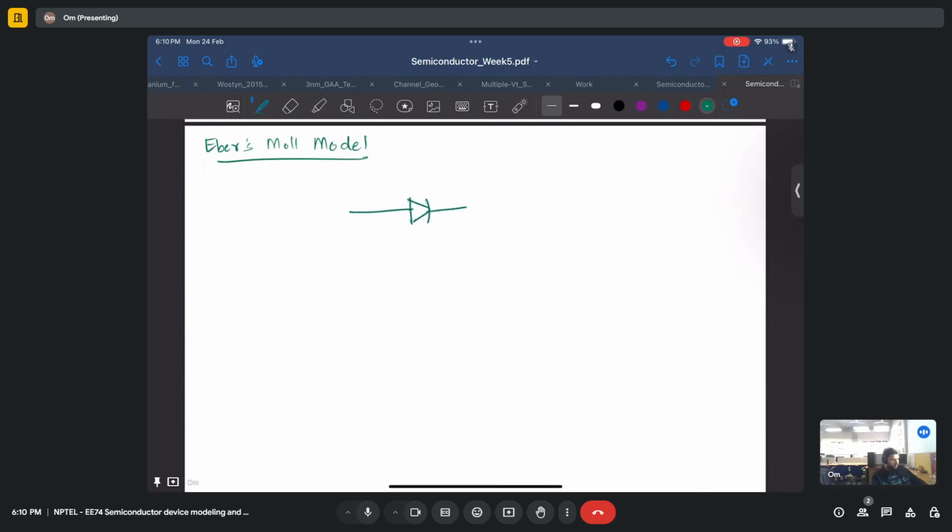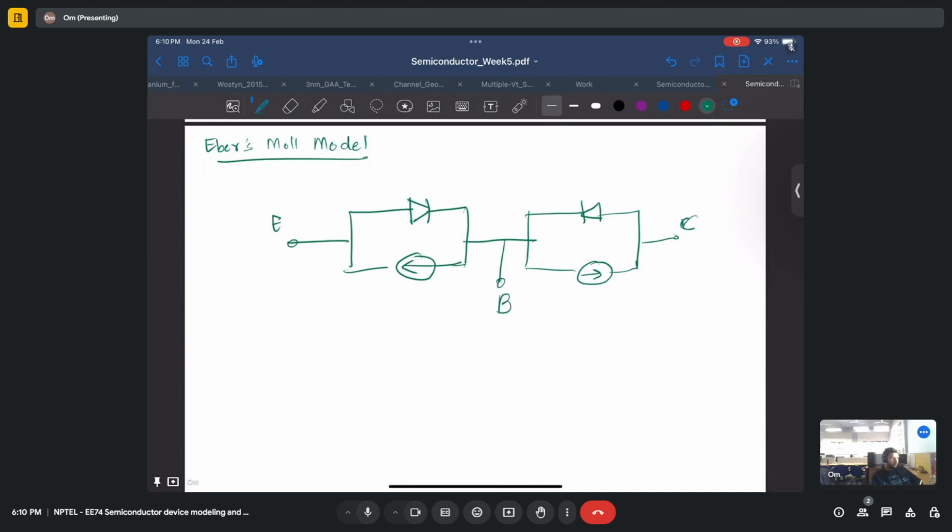So we have one diode here and a current source, and we have another diode here in the opposite direction, and a current source in the opposite direction. So this terminal is emitter, this terminal is base, this is collector. So it could be IE, IC, and IB. So this is the Ebers-Moll model.